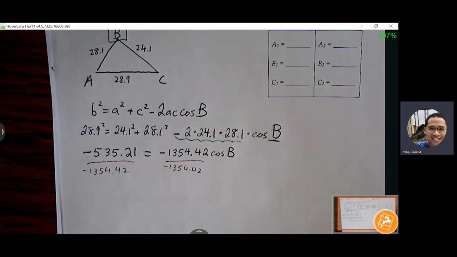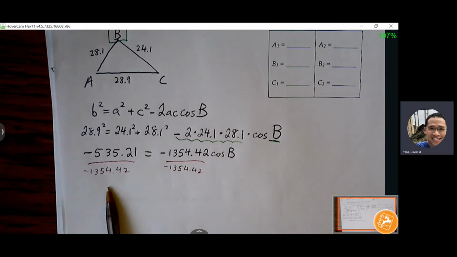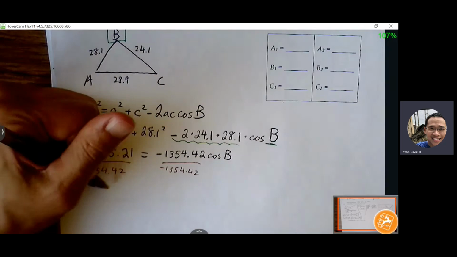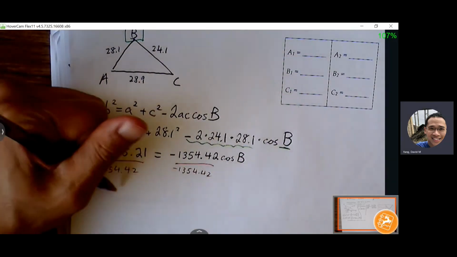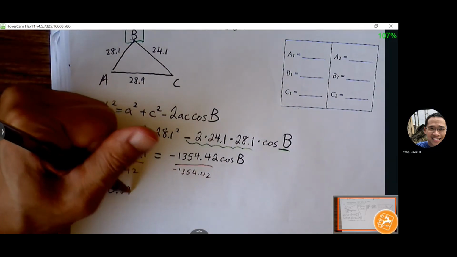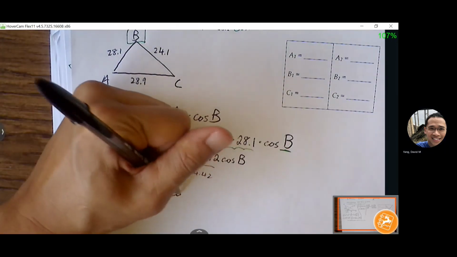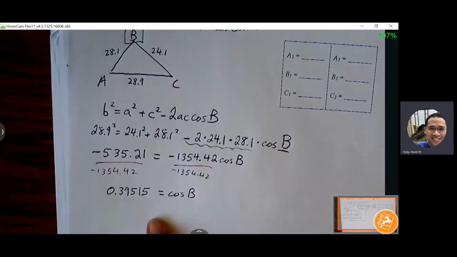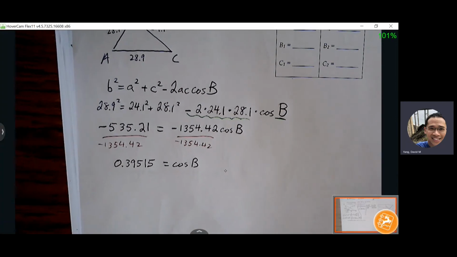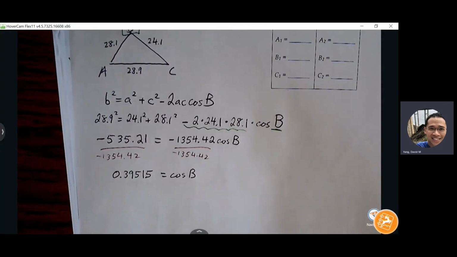Enter into your calculator. We'll get 0.39515. Okay, so now we can involve inverse cosine to get that angle B solved.